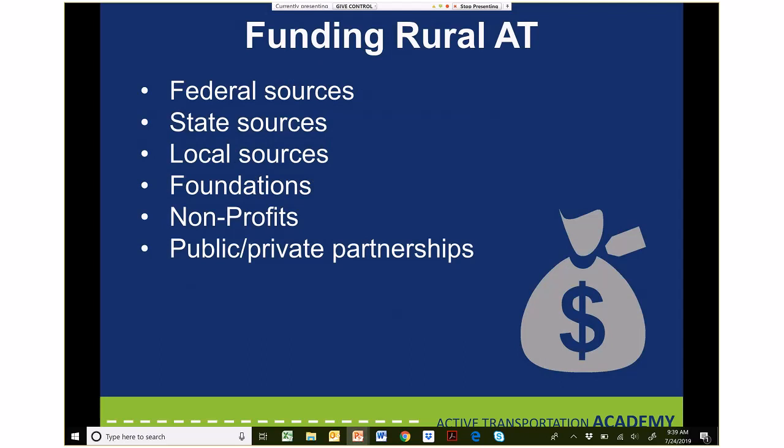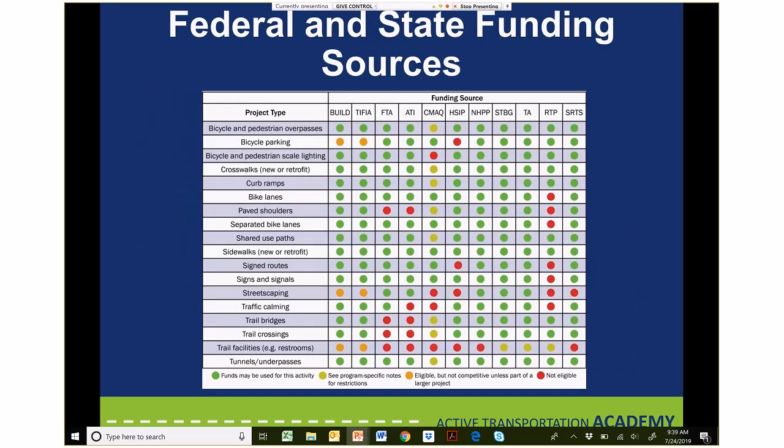So we take a look at all these different funding source types, and then we hone it down into some of the ones that are more specific. And so this is a chart that people tend to find very helpful, and I think have pinned it up on their bulletin board in their offices so they can refer to it.